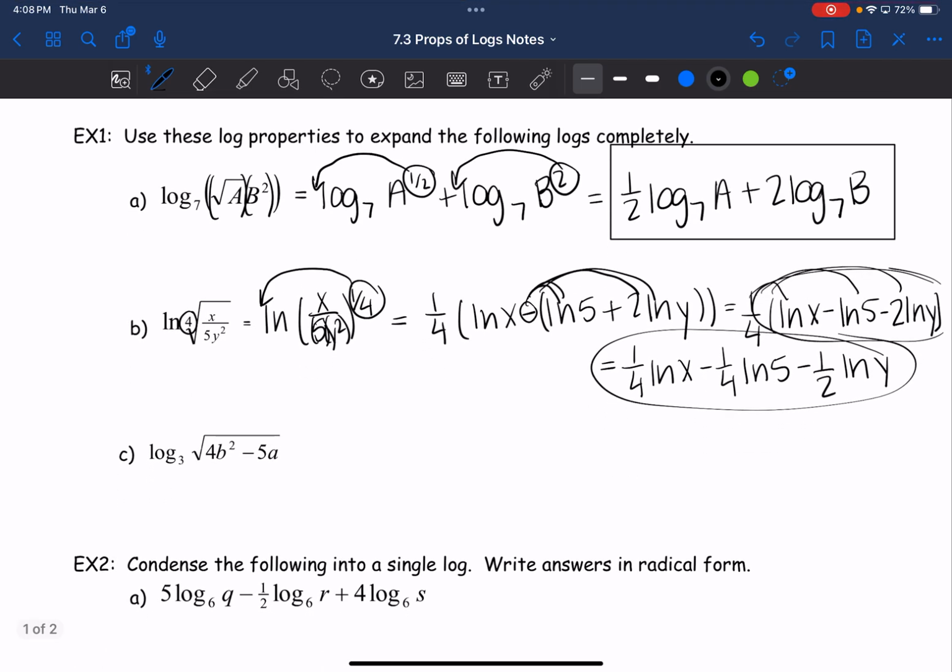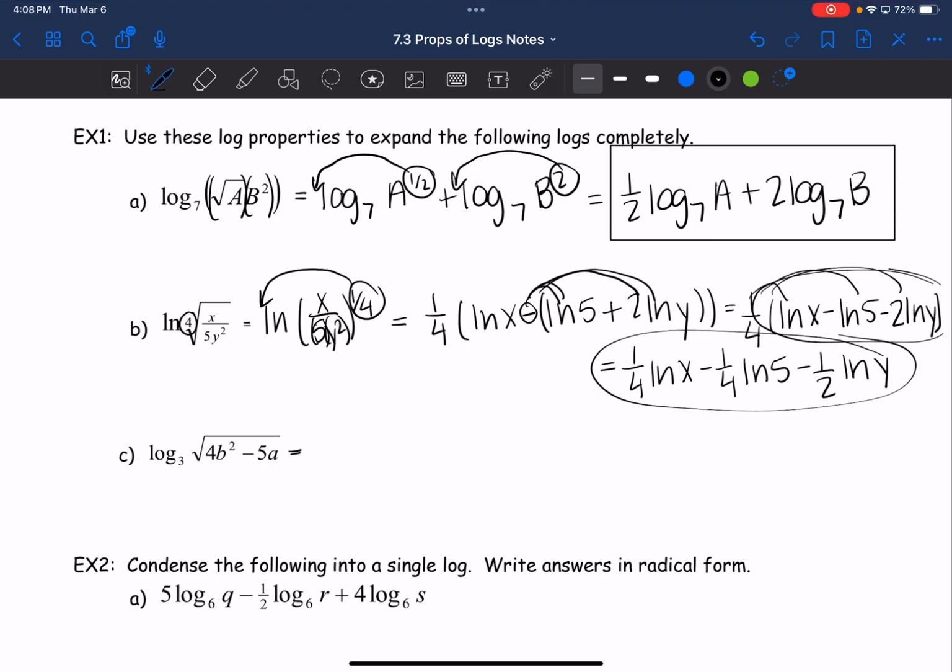All right, for part C. On part C, looks like we've got a log base 3 for this entire problem, so I can separate. Looks like these two terms are multiplied together, as are these two terms. And then they're separated by this subtraction piece.